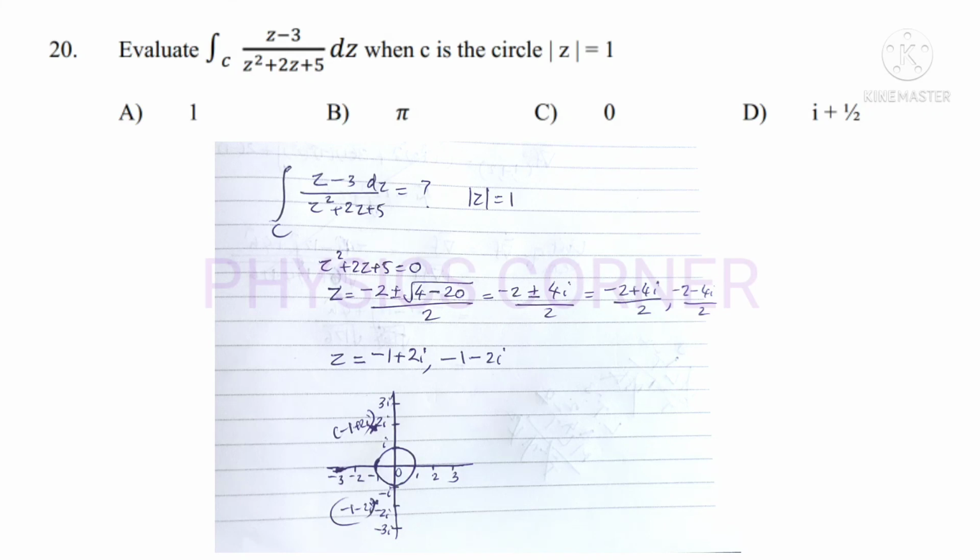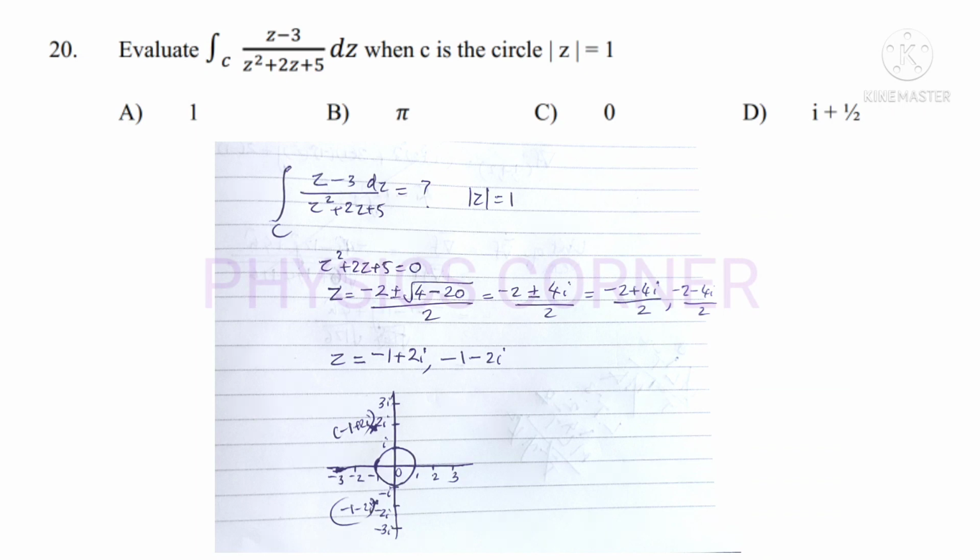Especially singularities or poles can be calculated by equating the denominator of this function to 0. Okay, so z square plus 2z plus 5 is equal to 0, and when solving this quadratic equation we will get z equal to minus 1 plus 2i and minus 1 minus 2i, and you can just draw this and mark those singularities in this picture.